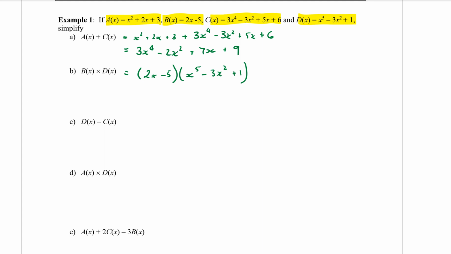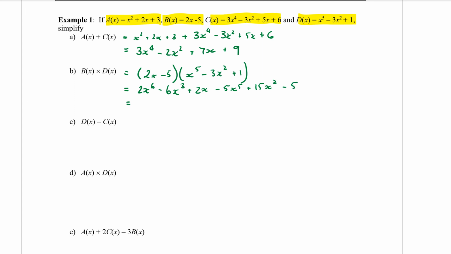So 2x times x to the 5 is 2x to the power of 6. 2x times minus 3x squared is going to be minus 6x cubed. 2x times 1 is 2x. Now multiplying the minus 5 through. Minus 5x to the 5 plus 15x squared and minus 5.